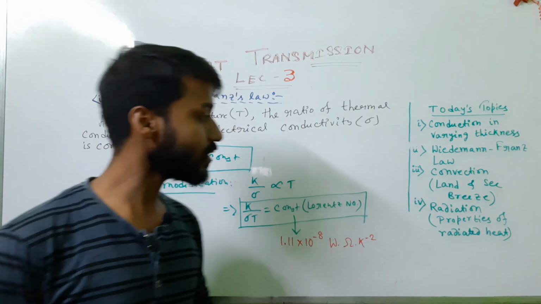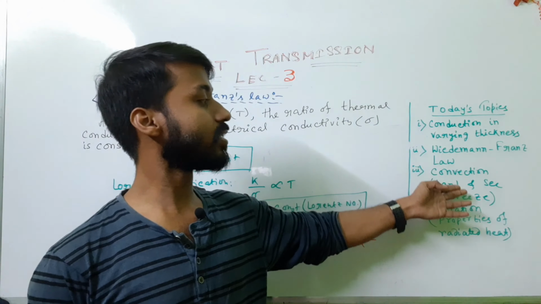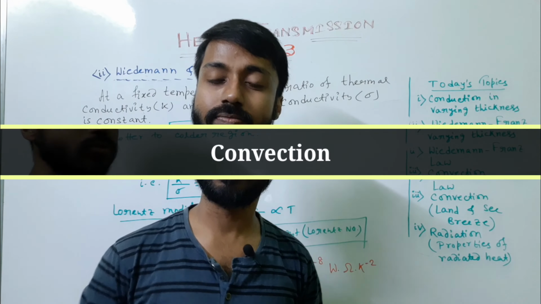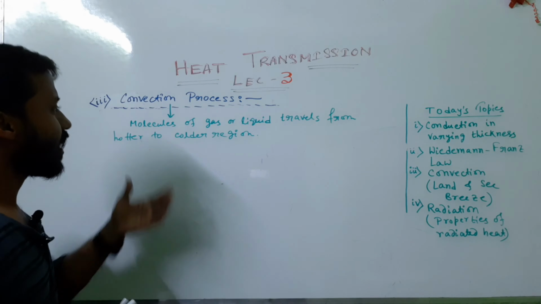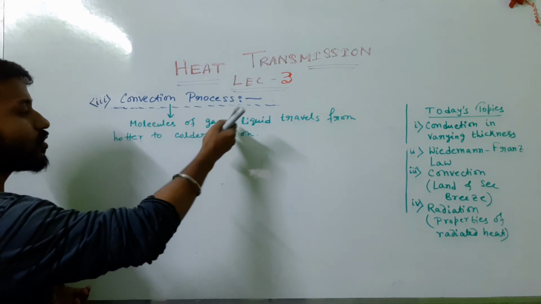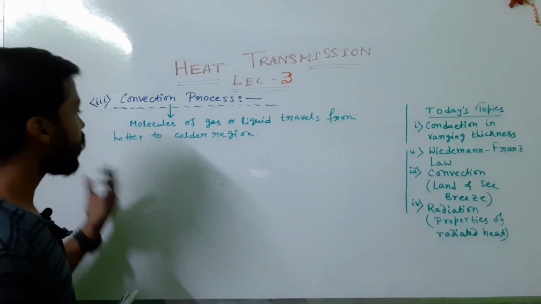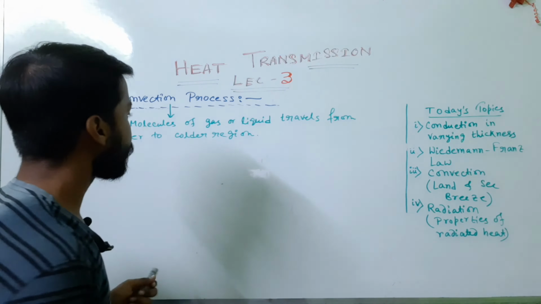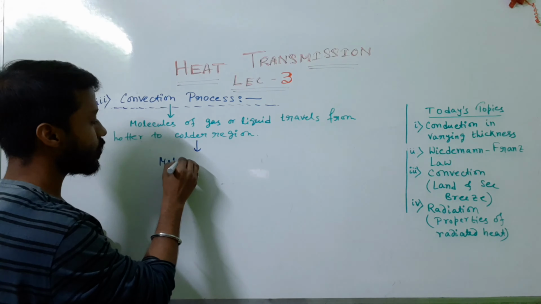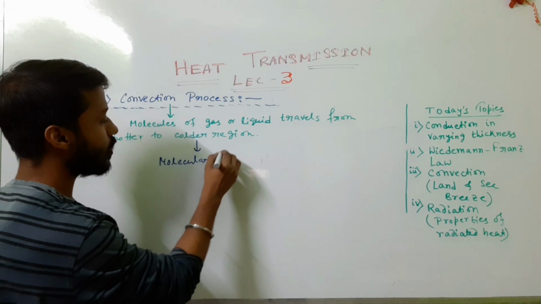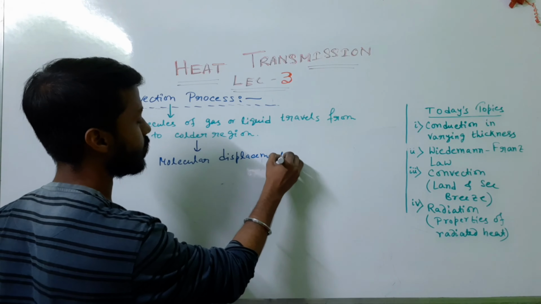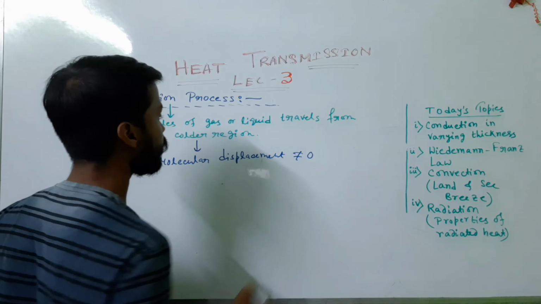Okay, next go to the third point, that is convection, the concept of land breeze and sea breeze. So now the convection process. In the case of convection, as I have written, molecules of gas or liquid travel from hotter to colder region. That means in the case of convection, molecular displacement is simply not equal to 0.